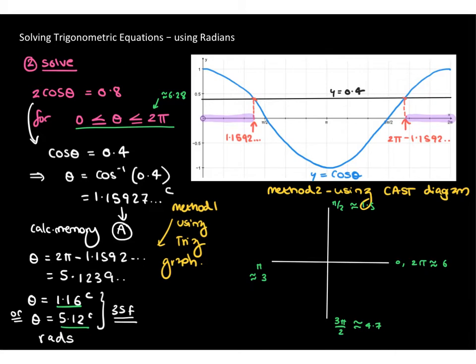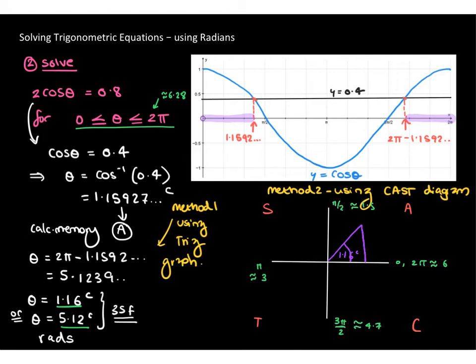So here we go. Let's label the quadrants. Everything's positive, sine is positive, tan is the only one positive, cos is the only one positive. So we were solving cos theta equals 0.4. So that's a principal angle, which I'm going to draw in this quadrant over here. And we know that that angle there, that's our 1.16 radians that we worked out.